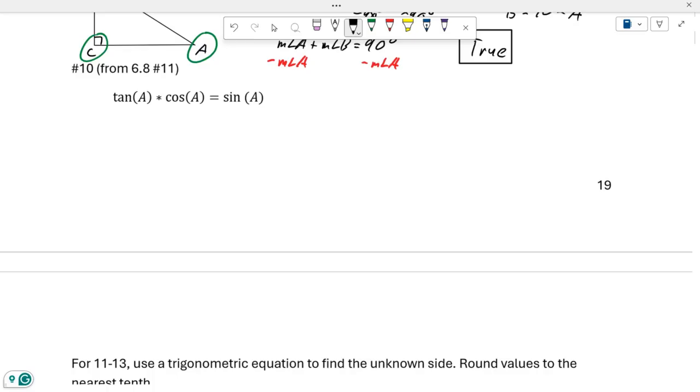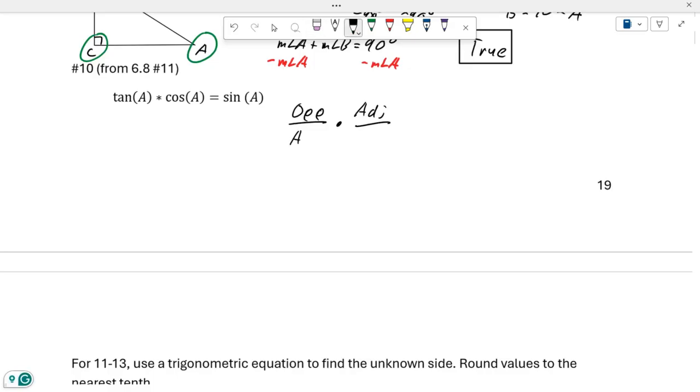And if you don't know what to do, try plugging in the definitions for these functions in a right triangle. The definition for tangent in a right triangle is opposite over adjacent.